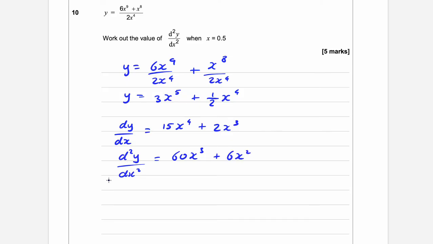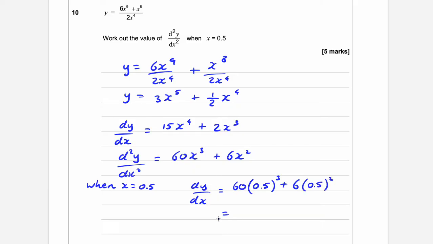Okay, when x equals 0.5, dy/dx equals, so x is 0.5, so it's 60 times 0.5 cubed plus 6 times 0.5 squared.